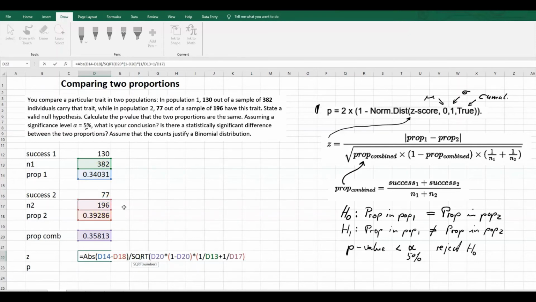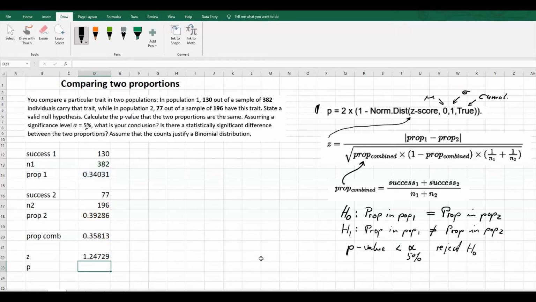We close this bracket, and we close the last bracket, the square root bracket, and hopefully we will get a reasonable value.